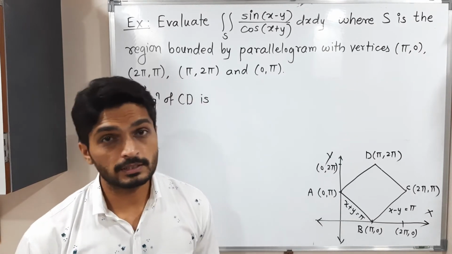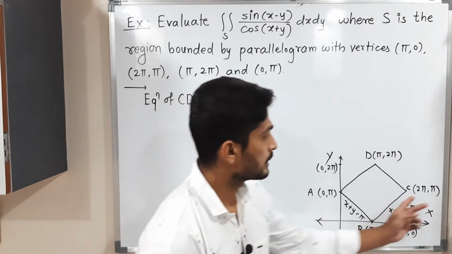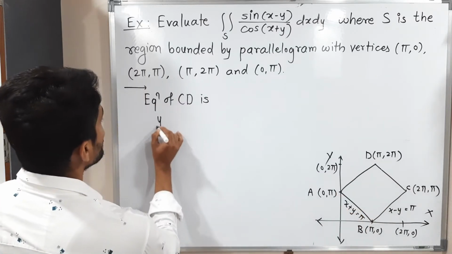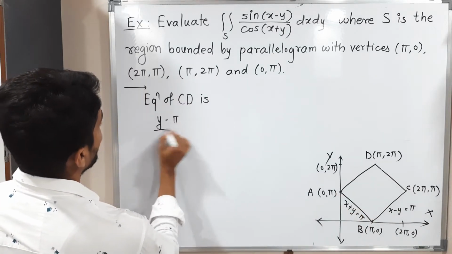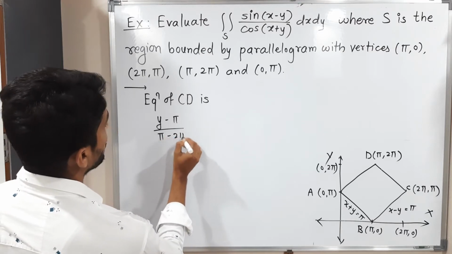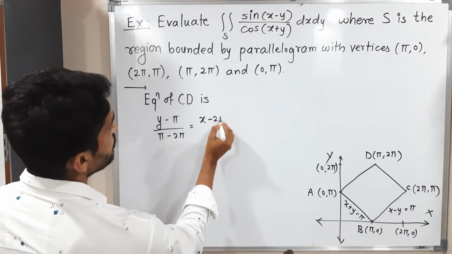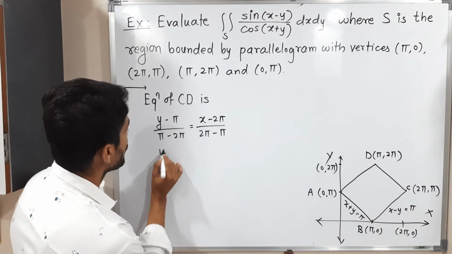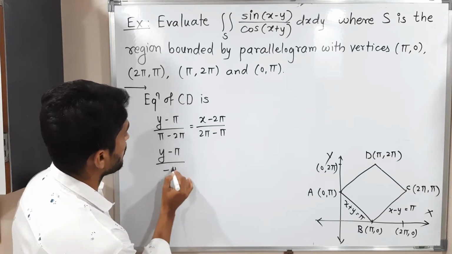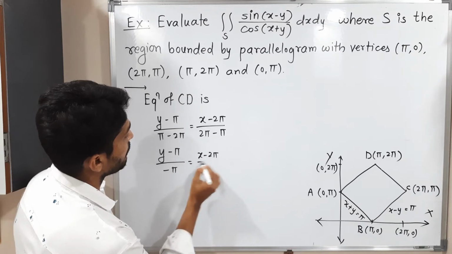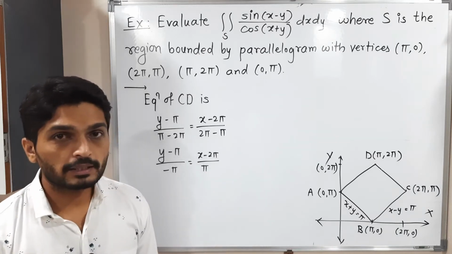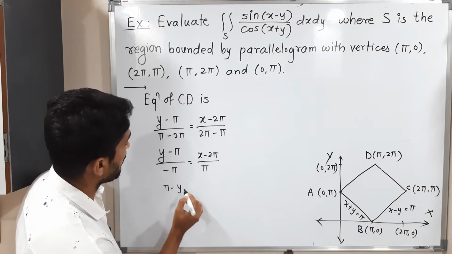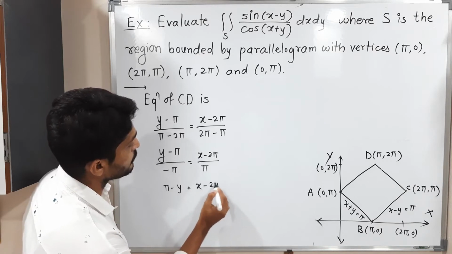Now the equation of CD. We use the same formula, x1, y1 and x2, y2. So (y minus pi) upon (pi minus 2pi) and (x minus 2pi) upon (2pi minus pi). So (y minus pi) upon minus pi and (x minus 2pi) upon pi. Pi gets cancelled from both sides, and because of the minus sign I write pi minus y equals x minus 2pi.